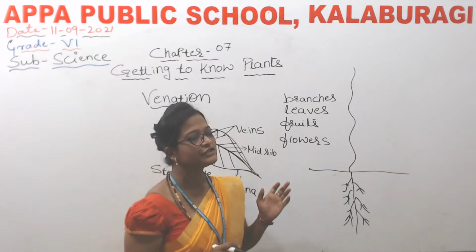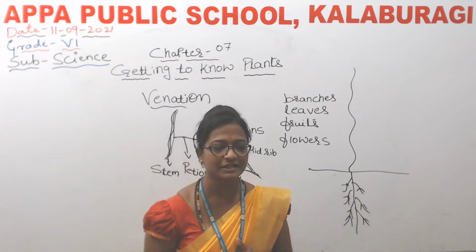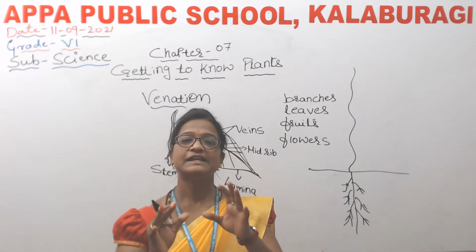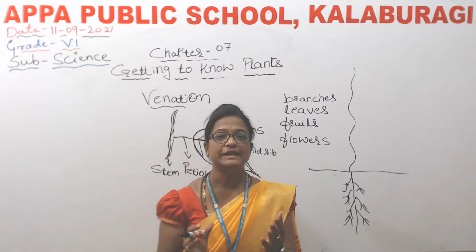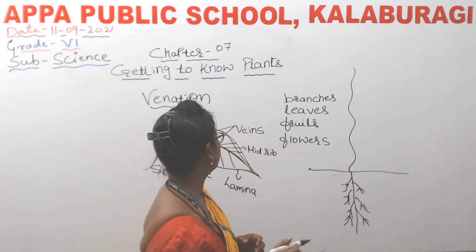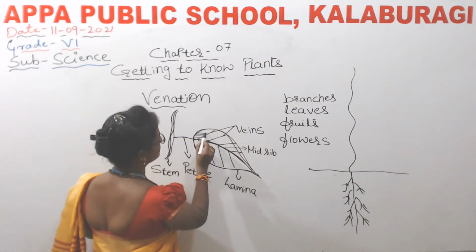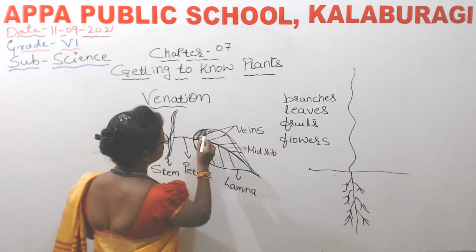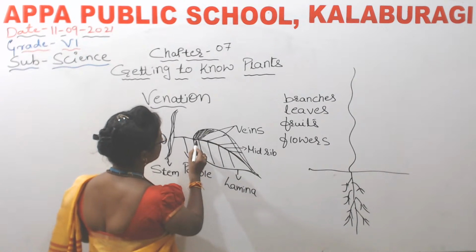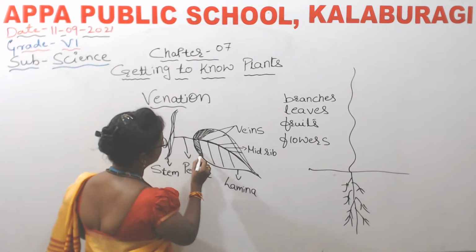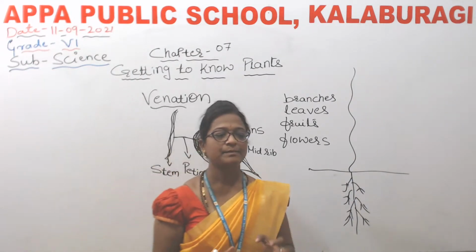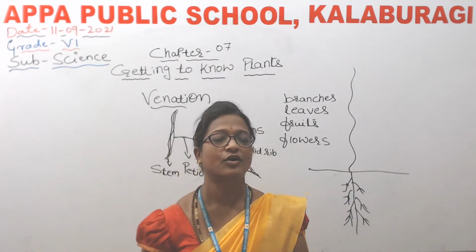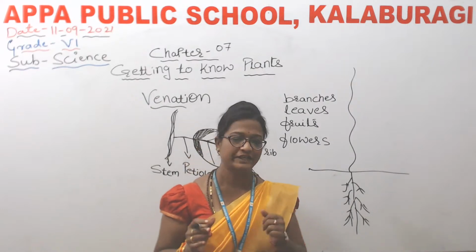So what do you mean by reticulate leaf venation? Yes, children, a net-like design is formed on both sides of the mid-rib of a leaf. So if the pattern is made like this, then those leaves have reticulate leaf venation.